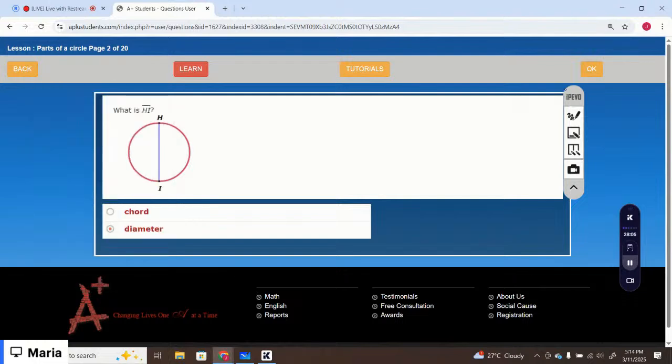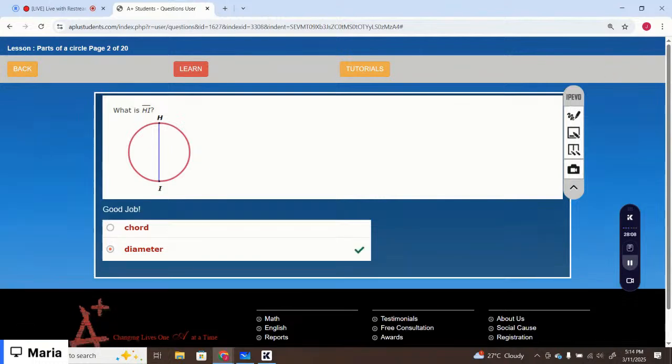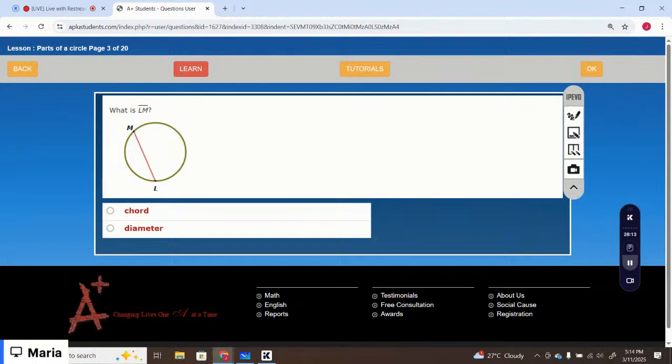That is the diameter. Option number two is the correct option. What is LM? That is chord. Option number one is the correct option.